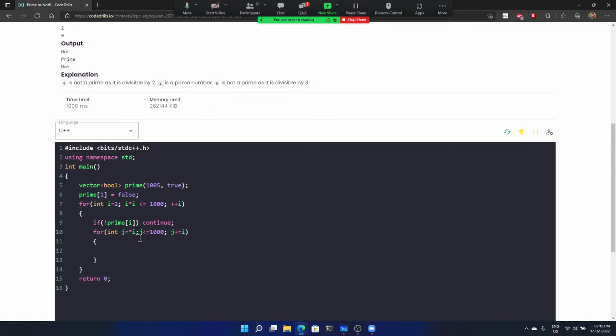We'll be starting from i star i. Every multiple of i where the multiplication factor is less than i would have been already considered. So j will start from i star i and go to less than or equal to my total number. Then prime of j is equal to false.